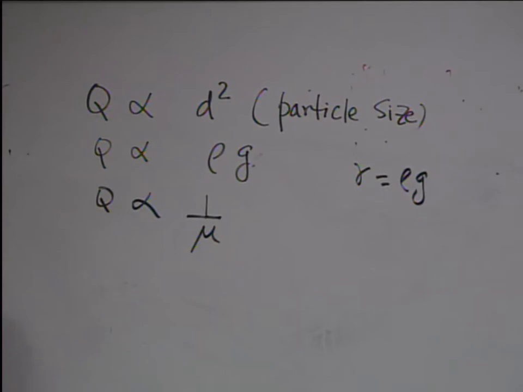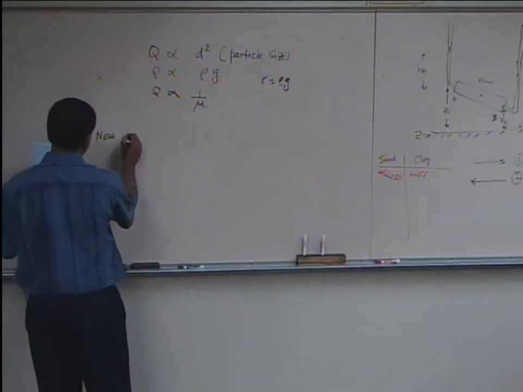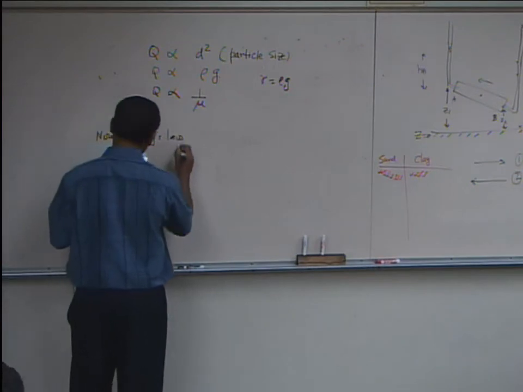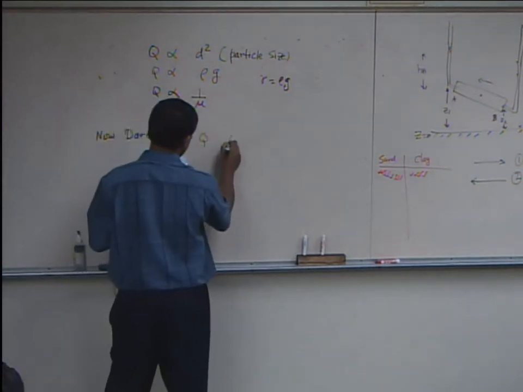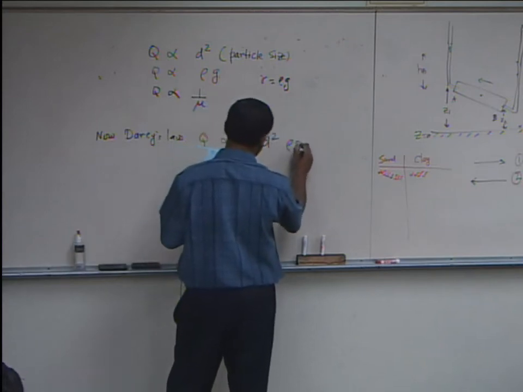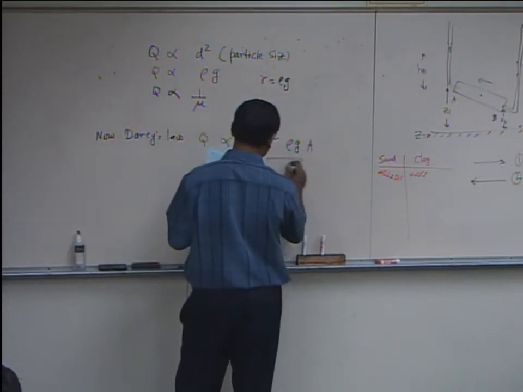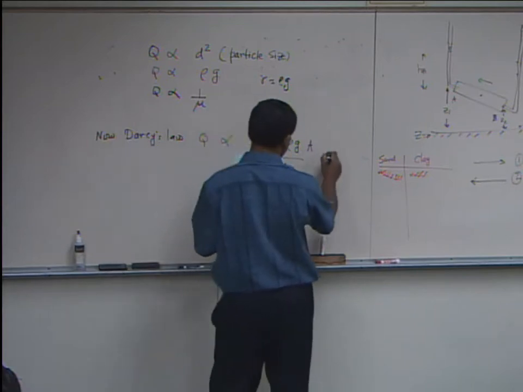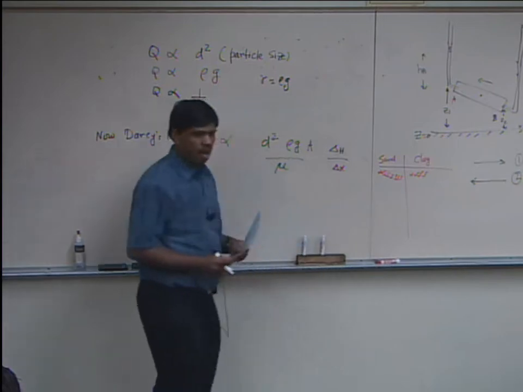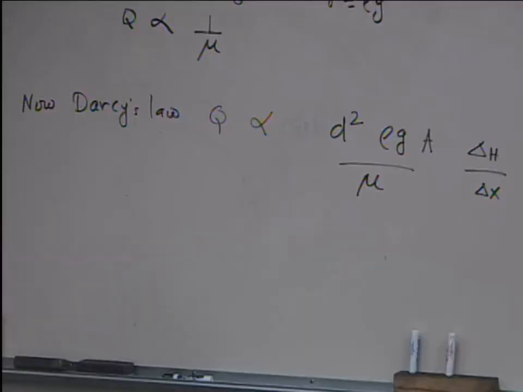So now the law becomes Q is proportional to d squared rho g over mu, times delta h over delta x, right? So all these experimental observations can be slapped in.